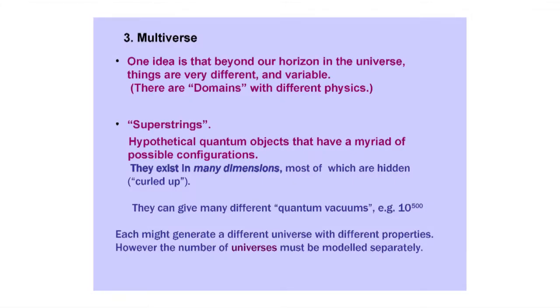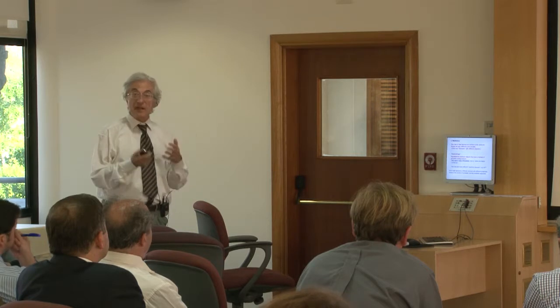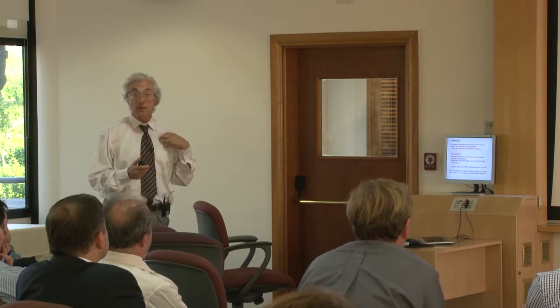Now, multiverse is the next major thing to think about. And the idea is that beyond our horizon in the universe, things are very different, or else that there are lots and lots of completely independent universes. If you've got zillions of universes, probably some fraction of them will be right for us by chance.